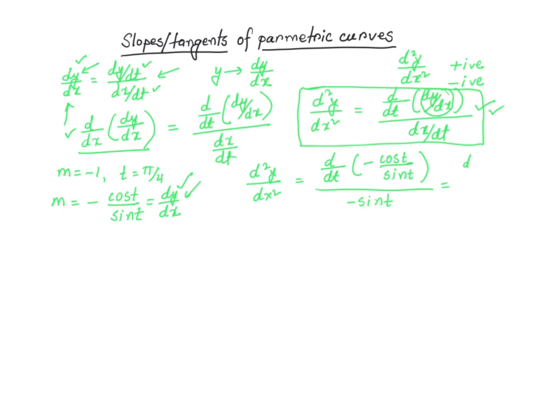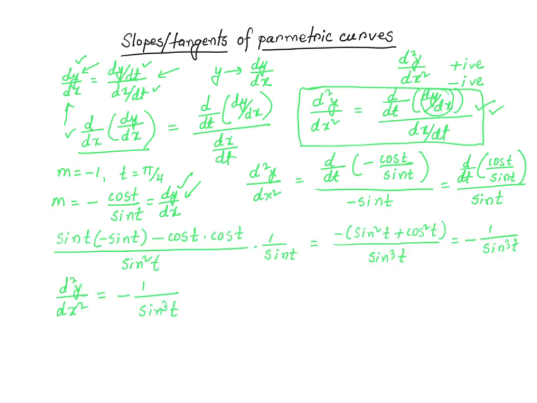If I simplify it, I'm going to have d over dt cosine of t over sine of t, all of it divided by sine of t. Now, if I simplify this by using the quotient rule and do the algebra, at the end I get d square y over dx square is equal to negative 1 over sine cube of t. So that's the second derivative.